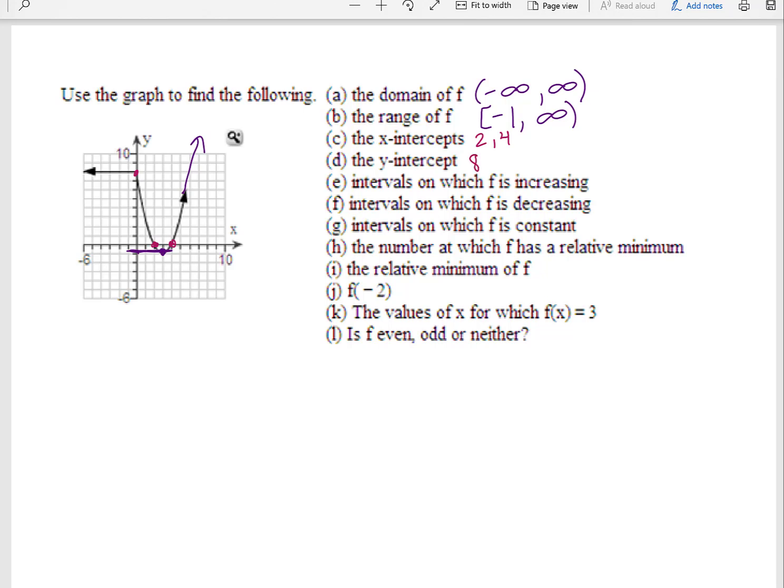Okay, and let me erase some. So I see it increasing. Here's a transition point. And then again, that would keep going. So I'm just talking about from left to right. So on my x-axis, that would be 3 and then to infinity.